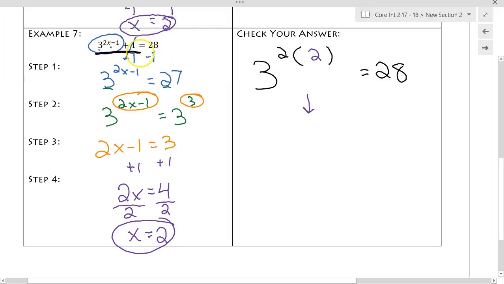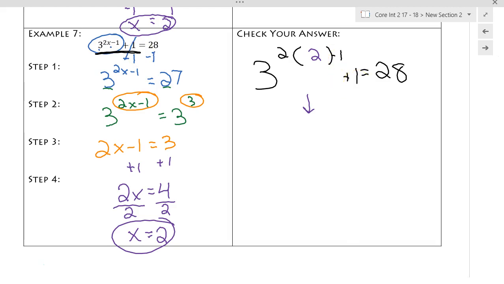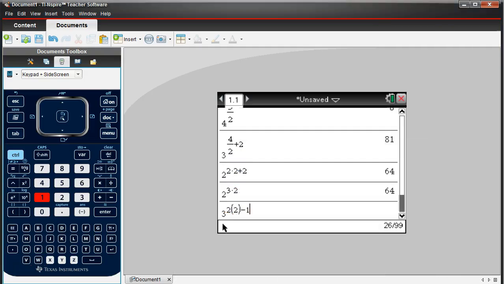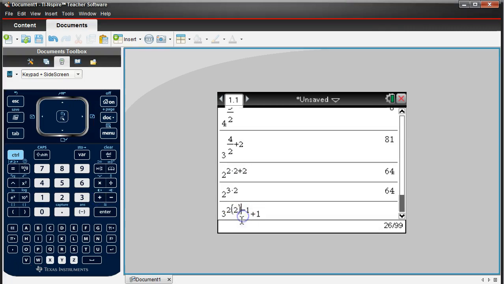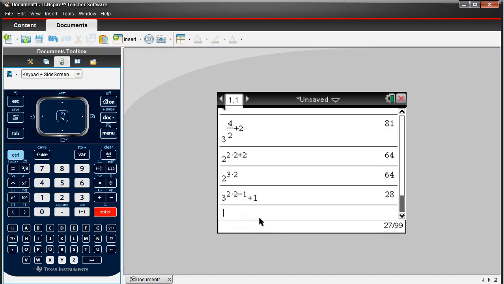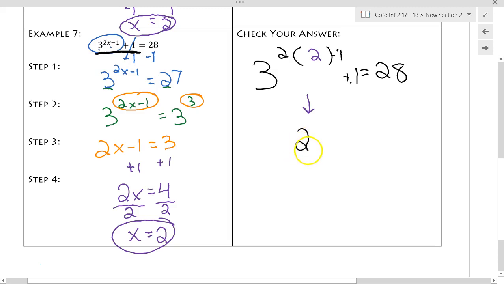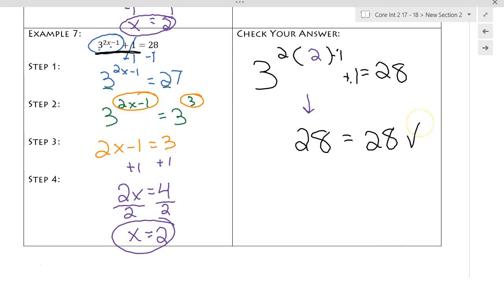It should look exactly like this. Minus 1 plus 1. I just merged those things. So 3 to the 2 times 2 minus 1, and then plus 1. This plus 1 is not in the exponent. So when I'm looking at my calculator, I have to hit right arrow to make sure it's not in my exponent. So make sure there's a difference between those two things. I do get 28. 28 equals 28. That checks.